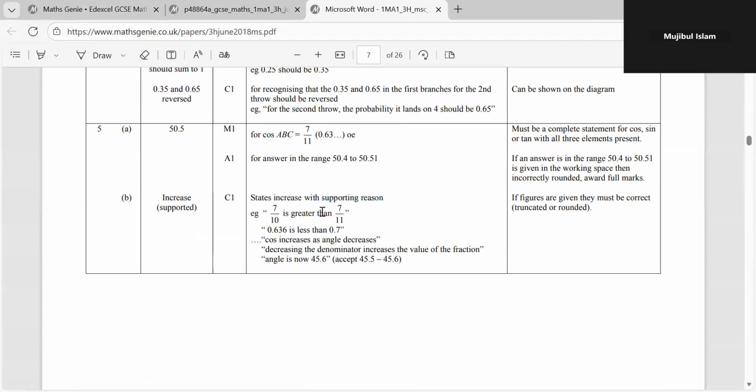So here, 7 over 10 is greater than 7 over 11. If you used decimals, 0.636 is less than 0.7. Cos increases as angle decreases. Decreasing the denominator increases the value of the fraction. Angle is now 45.6 or any of these digits. If the figures are given, they must be correct, truncated or rounded. So you have to give the correct figures. All right, so that one here.